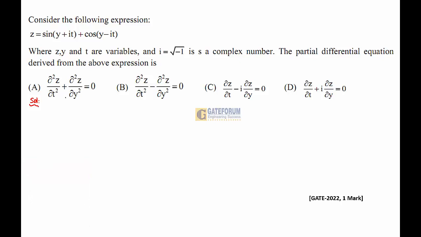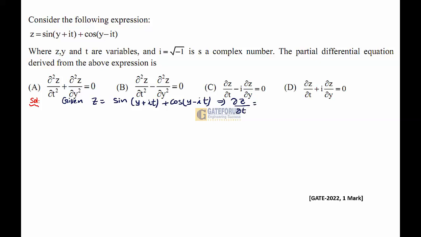So given expression, that is z is equal to sin(y plus it) plus cos(y minus it). From this, find first dou z by dou t. Here z is the dependent variable, y and t are independent variables.